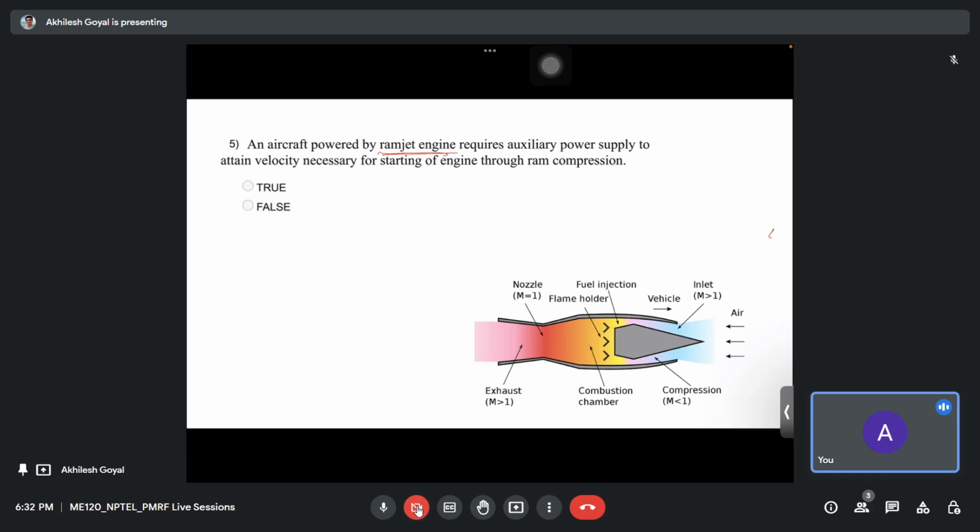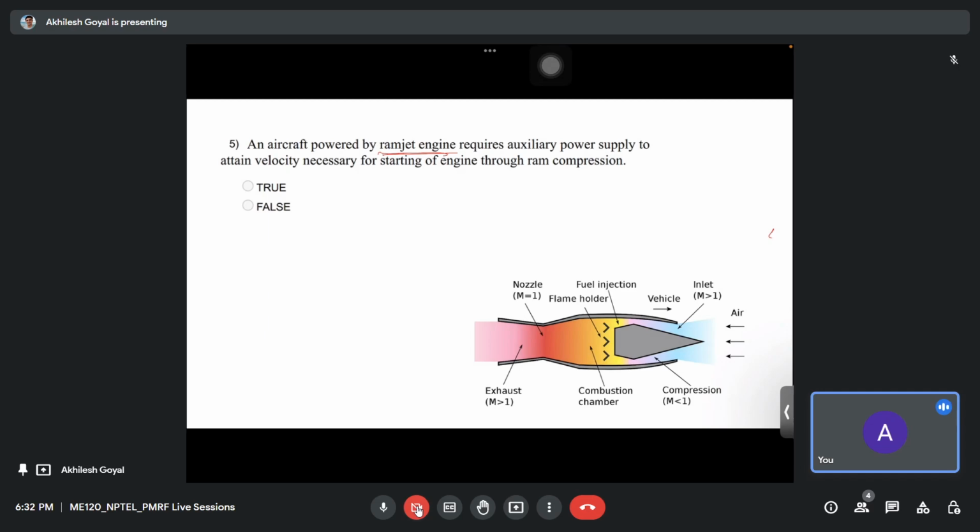So to attain that high velocity, if an aircraft is powered by a ramjet engine and you are starting off from zero, then there will be no air velocity to the ramjet engine. No air velocity to the engine means no air will pass through it, no compression will occur, and no power will be generated.